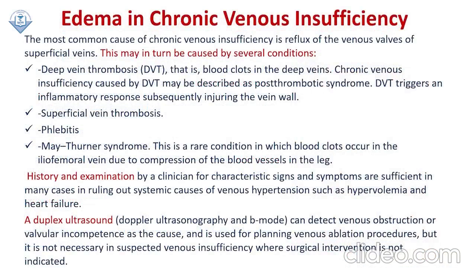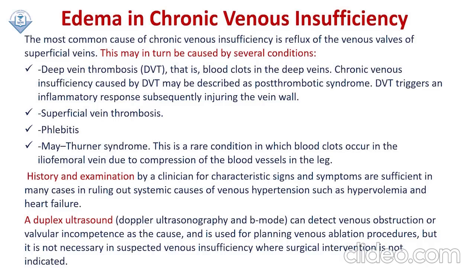Reflux is backflow of venous blood because of insufficiency of venous valves in superficial veins. It may in turn be caused by several conditions: deep vein thrombosis in anamnesis, superficial vein thrombosis, phlebitis, and sometimes diseases like May-Turner syndrome or other rare conditions with some genetic predisposition.